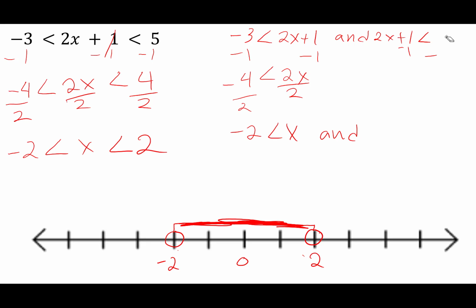That is a terrible 5. Let me fix that. There we go. So we still end up with the same thing.